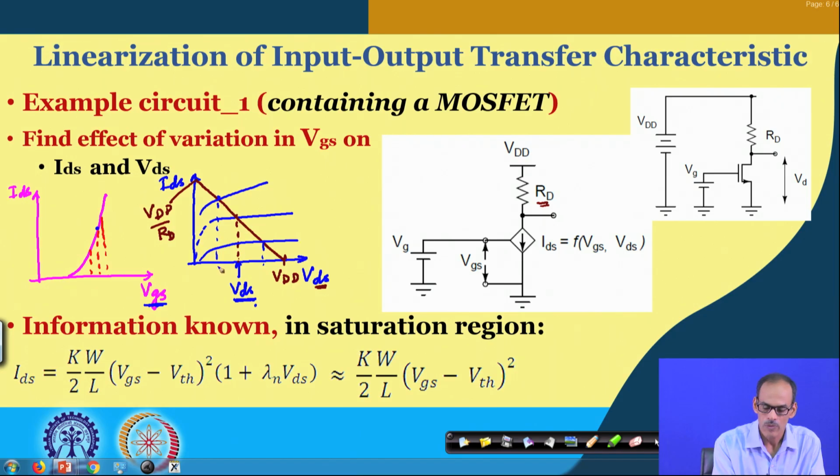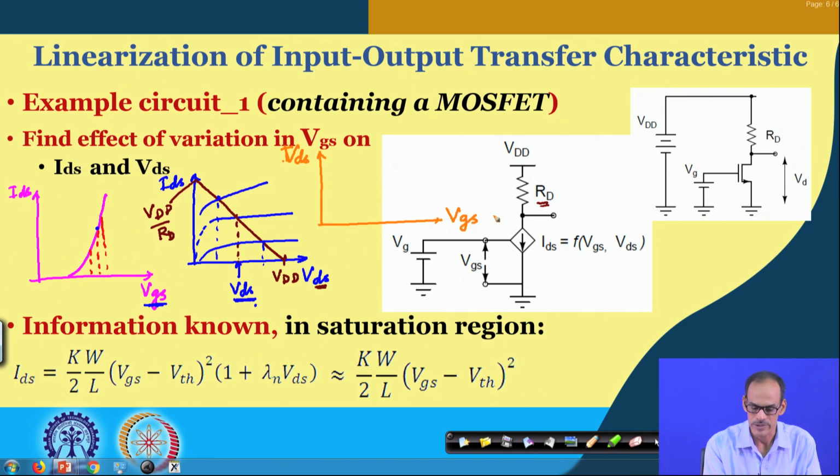So, whatever we see here, if we plot the variation in say Vds with respect to variation in Vgs.